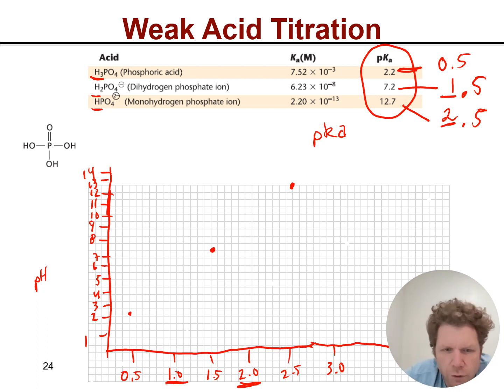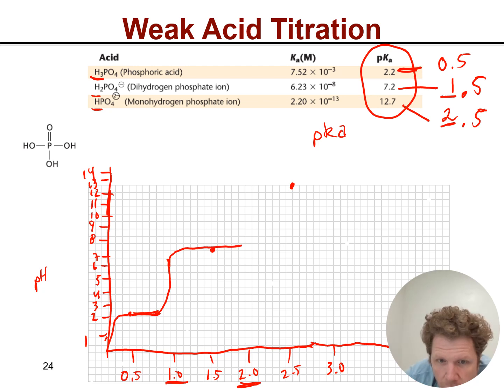So I'm going to draw a titration curve that looks a little bit like this. I'm going to start out low, and then it's going to plateau. It's going to have a horizontal region, and then it's going to go up oh so gradually. And then as soon as I hit 1.0 or get close to 1.0, it's going to go up pretty steep, and then it's going to begin to plateau again.